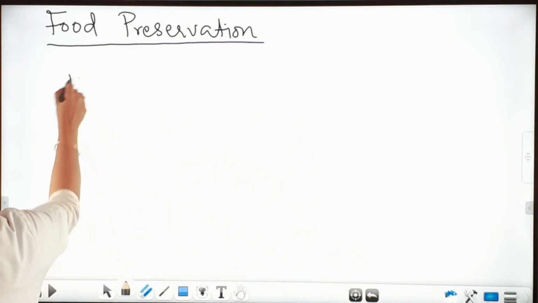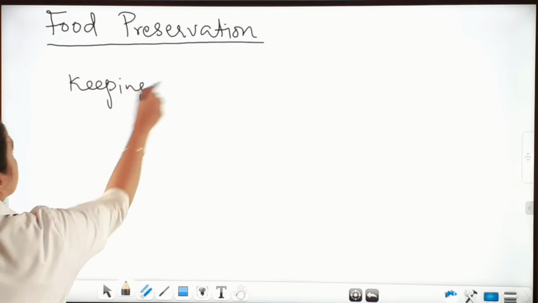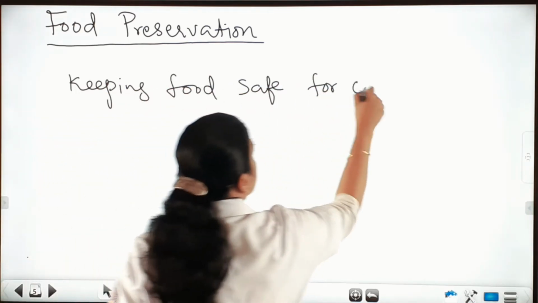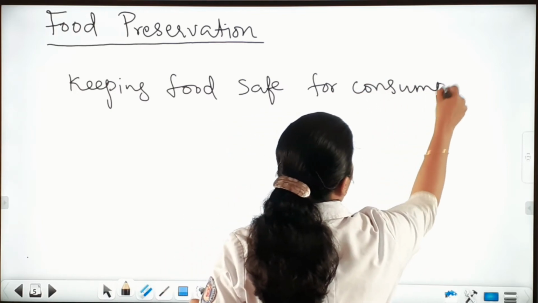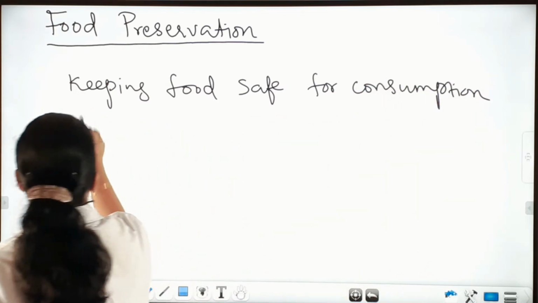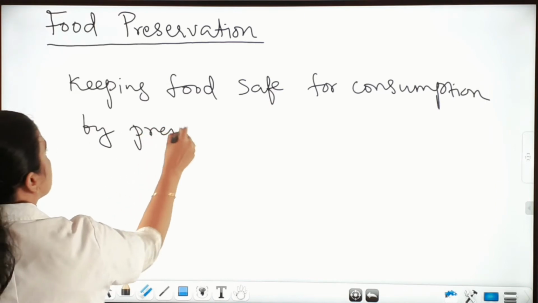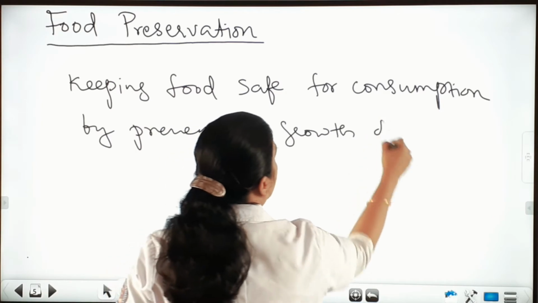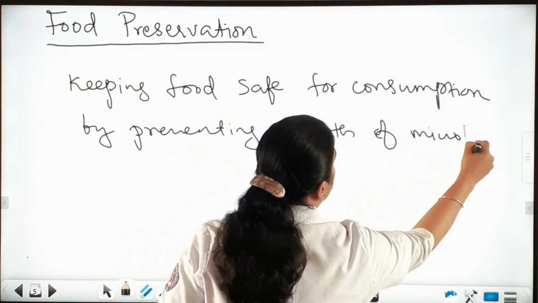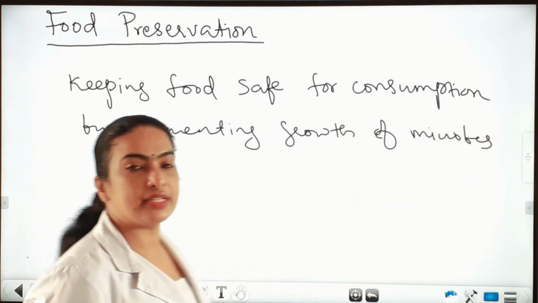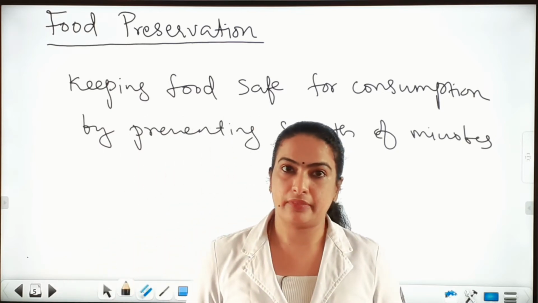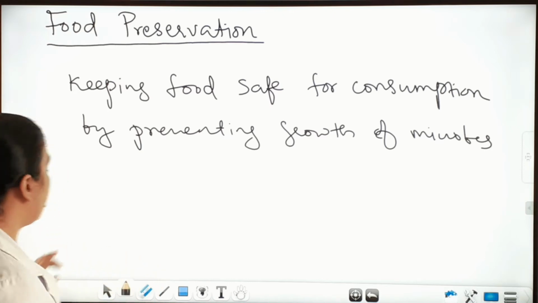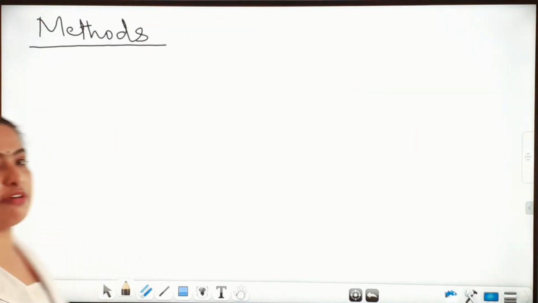So the process of keeping food safe for consumption by preventing growth of microbes, that is called the food preservation. And there are some methods to preserve food items. So we can see the methods of food preservation.